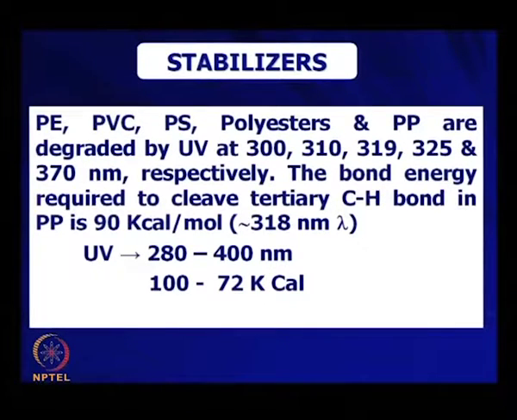The bond energy required to cleave the tertiary carbon hydrogen bond in polypropylene is 90 kilocalories per mole, at around 318 nanometer wavelength.